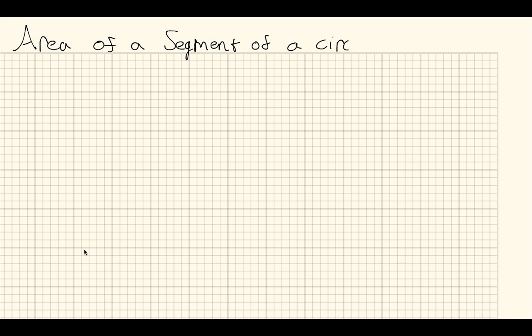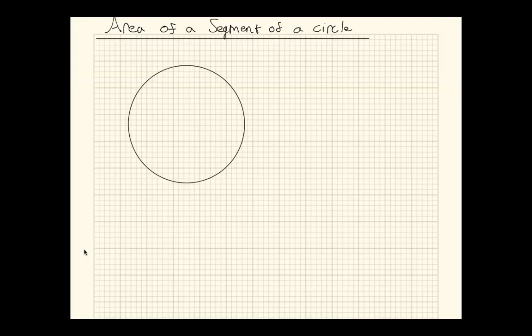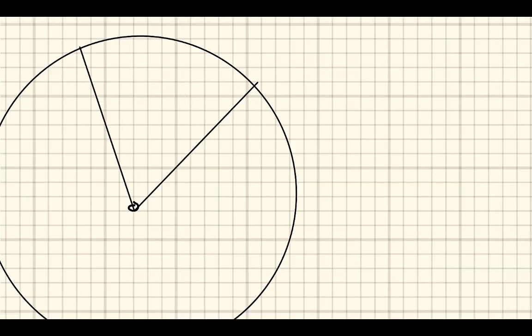It's kind of confusing because segment and sector sound similar, but here's the difference between a segment and a sector. Let's say you have a sector. Okay, but these two endpoints of this arc that make the sector, let's say if we were to draw a segment there, we draw a segment containing the arc.